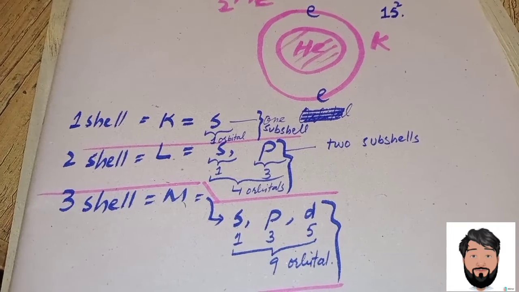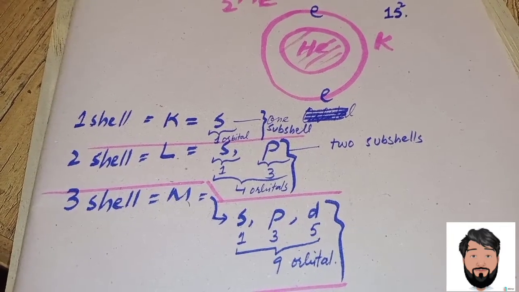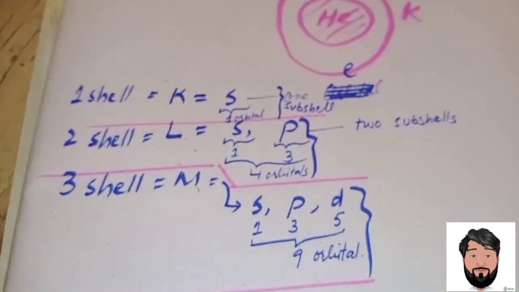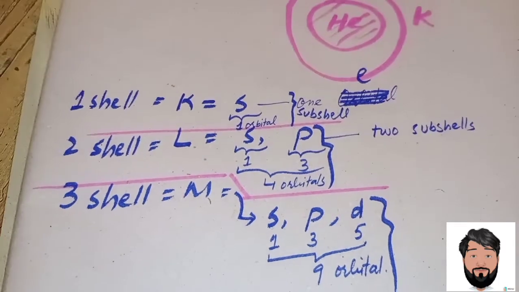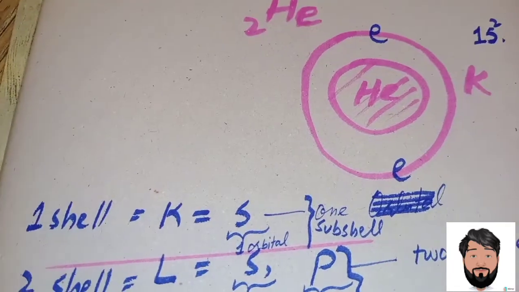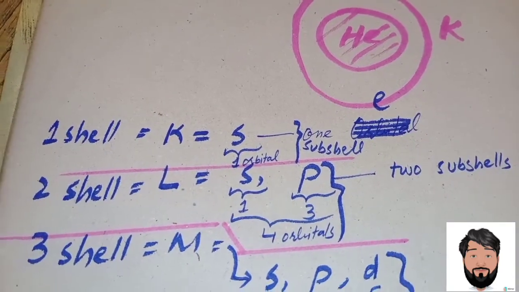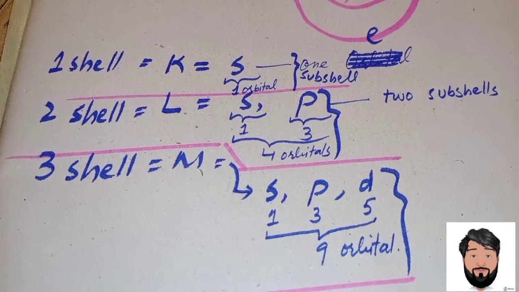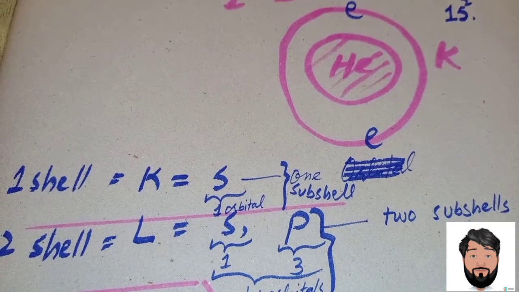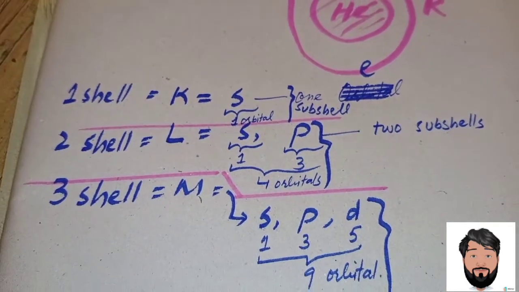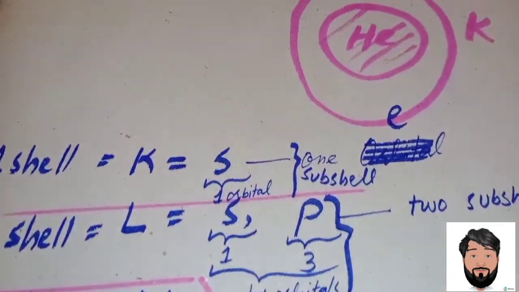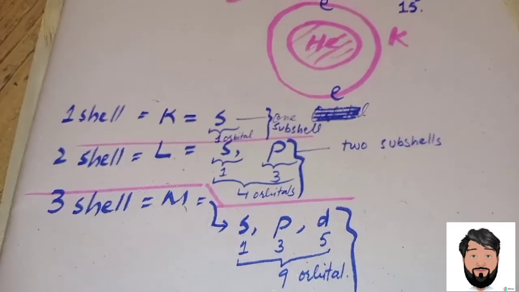The second shell will have two subshells, S and P. And the third shell, which is also known as the M shell, will have 3 subshells: S, P and D. The S subshell will have only one orbital in every shell, and one orbital can have only 2 electrons.